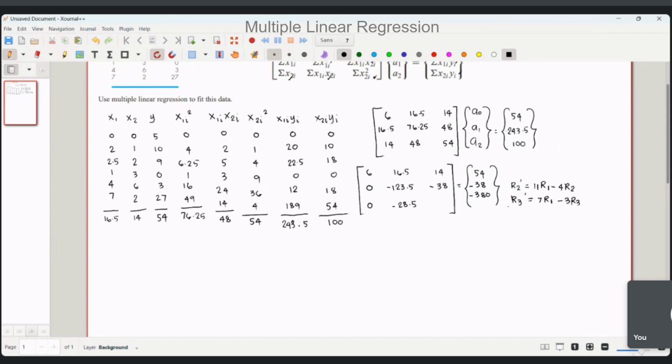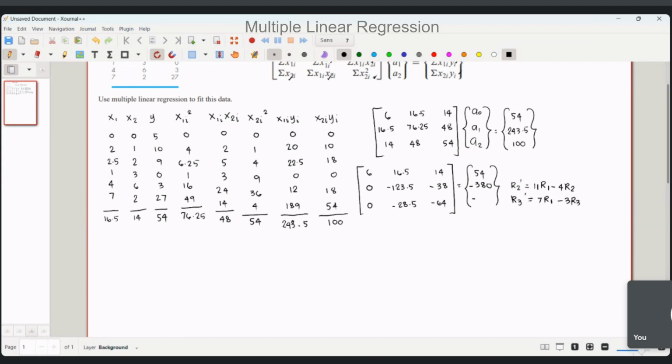Next, we have 14 and 54. That's negative 64. And 54 and 100. 78.